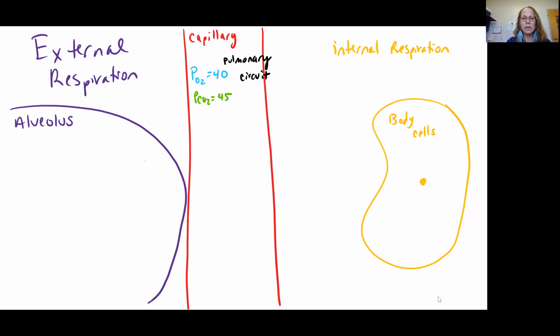As our blood makes its way back to the pulmonary circuit, it's going to have those partial pressures we've just moved toward. The partial pressure for oxygen is back to 40, and the partial pressure for CO2 is back to 45. So as it comes to the alveolus, we're going to see that delivery of CO2 and the picking up of oxygen that we've already talked about. Okay, that is it for now.